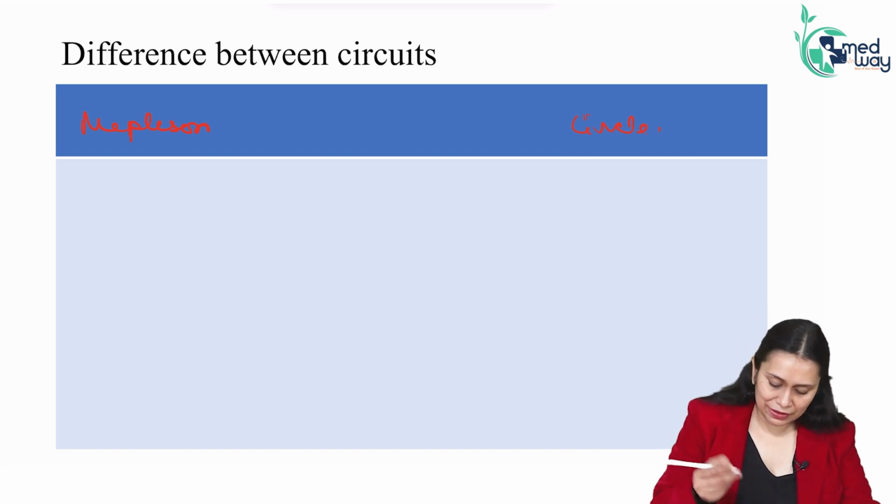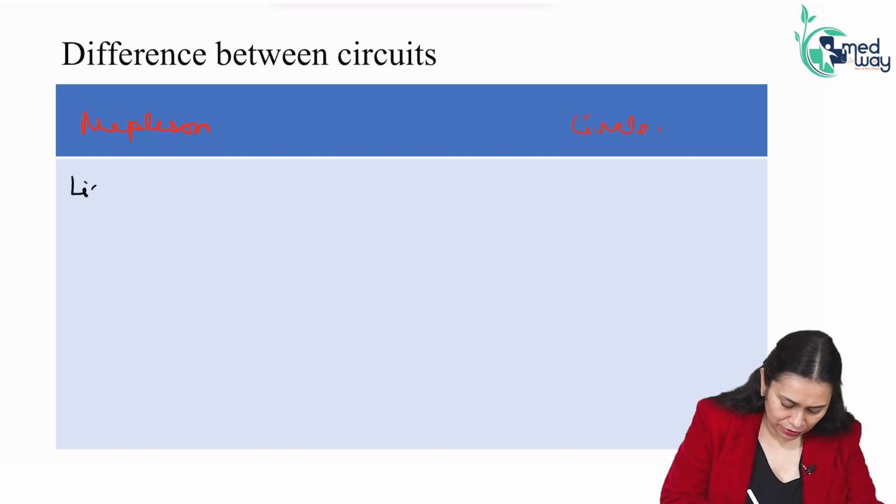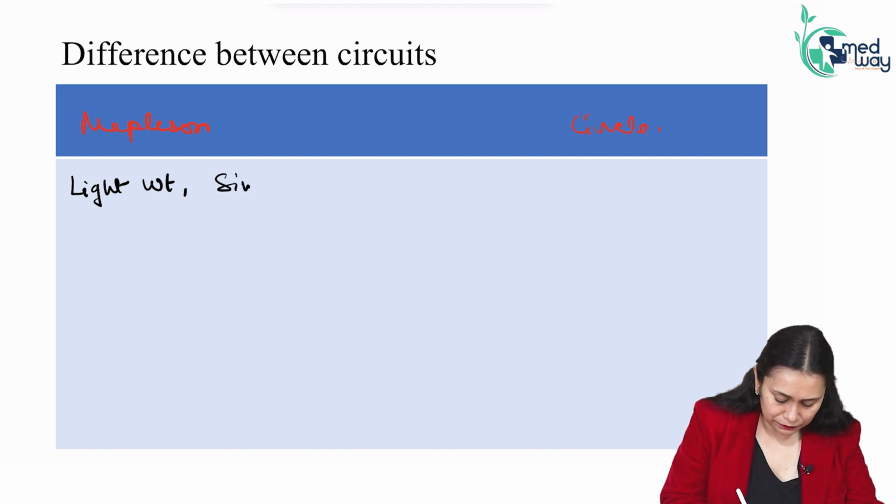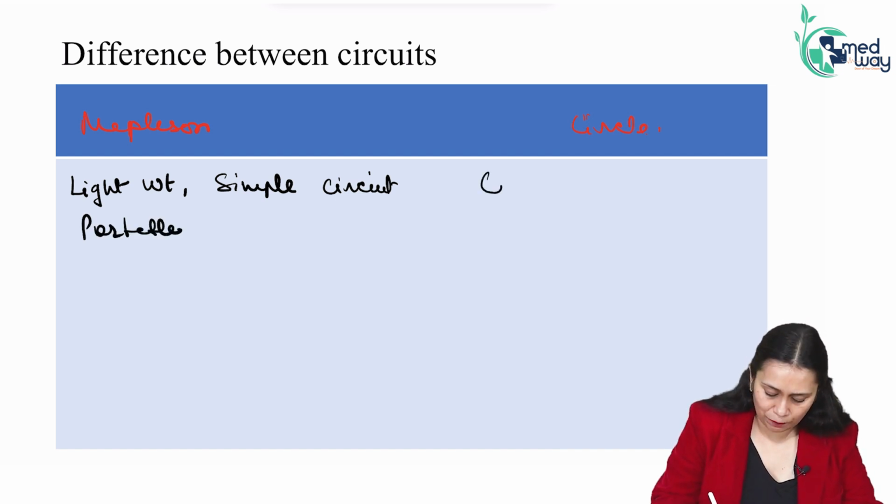Okay, so Mapleson circuit is a lightweight, simple, portable circuit, right? Your circle system is complex, bulky, and a fixed circuit.